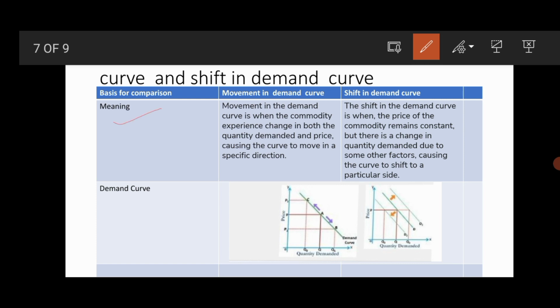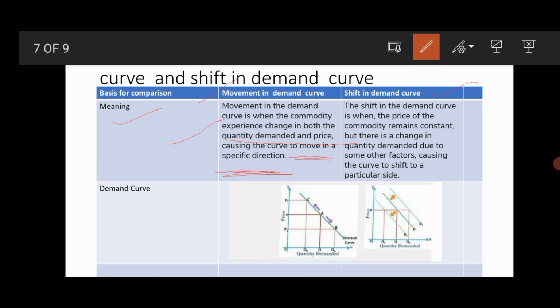So first is meaning. Movement in demand curve is when the commodity experiences change in both quantity demanded and price. Here changes happen in quantity demanded because of change in the price. So at that time, the demand curve moves in a specific direction, which is explained by movement in demand curve.